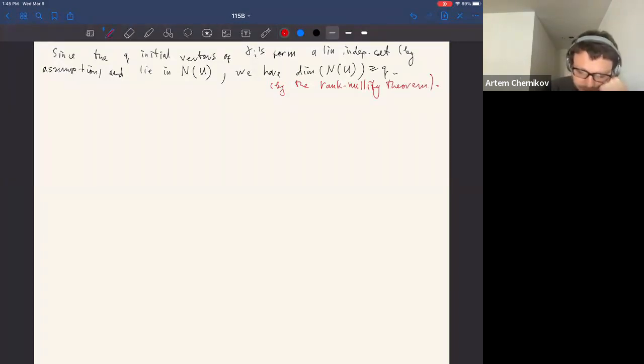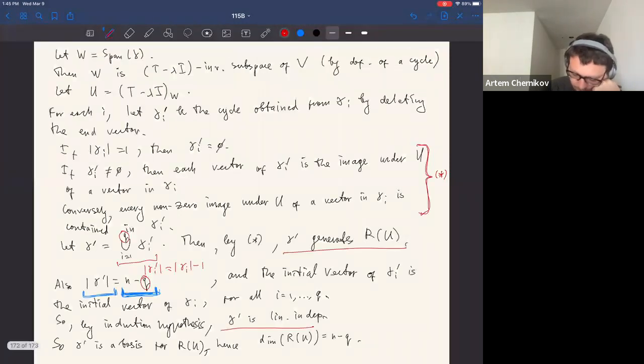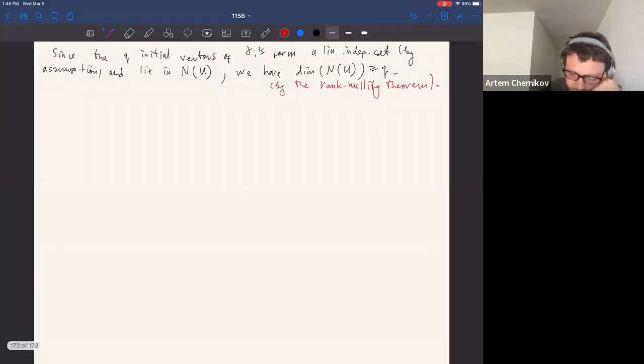Right, because the dimension of the whole space is n, the dimension of the range is n minus q, so the dimension of the null space is at least q.